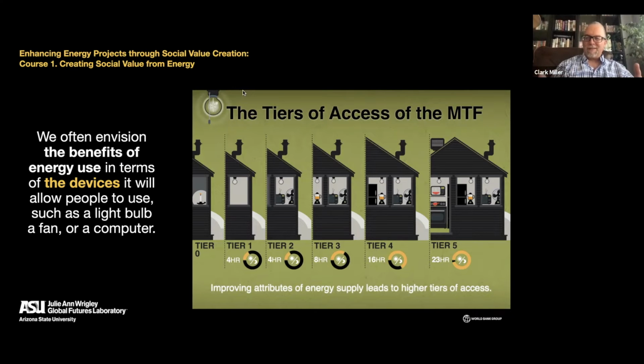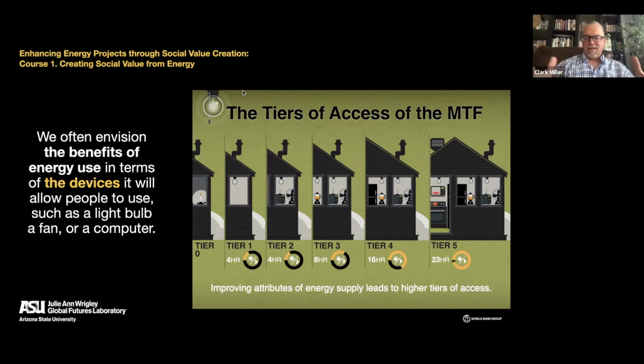So we often envision the benefits of energy use in terms of the devices that people will be able to plug into their new electricity grid, right? So a light bulb, a fan, maybe even a computer, right? And you can see on the right-hand part of this diagram here, the tiers of energy access as defined by the multi-tier framework that's used by the group Sustainable Energy for All, which is the United Nations program that surrounds SDG 7, which is the Sustainable Development Goal that is focused on providing clean energy access for all.